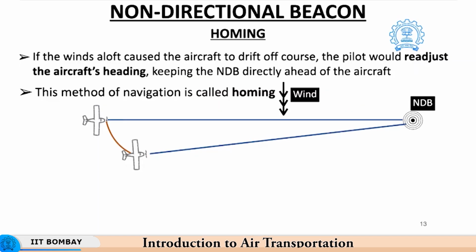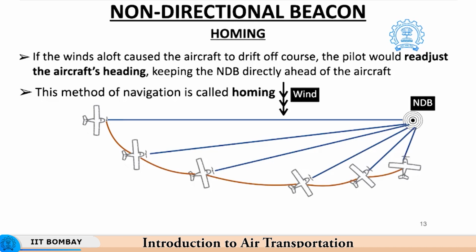Because of the presence of this wind condition, the plane will drift towards a particular direction. In this case, it is towards the right, and the NDB direction finder would basically show that the aircraft has a relative bearing in the left direction, and hence the pilot will have to subsequently adjust his or her heading so that the needle can be put in a straight direction.